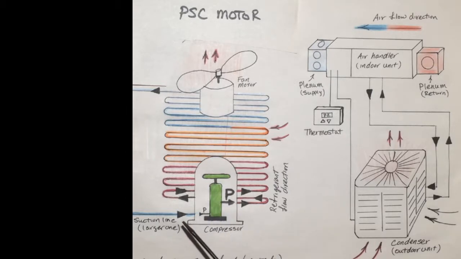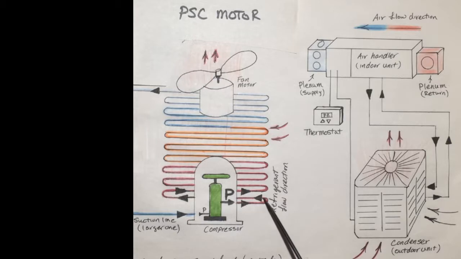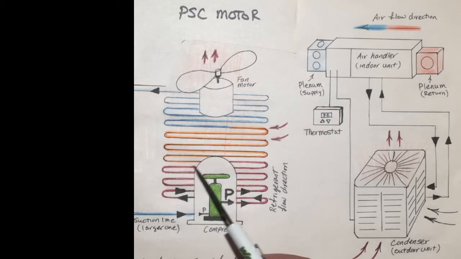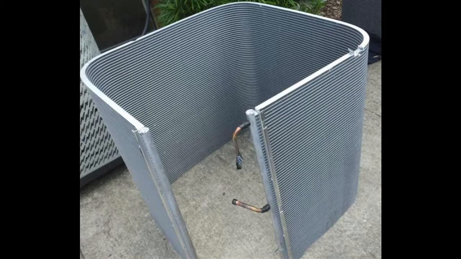So again, keeping it simple, we have low pressure coming in, high pressure going out, and this high pressure actually is warm, has warm refrigerant in it that circulates through this coil. This coil looks like a radiator of a car.